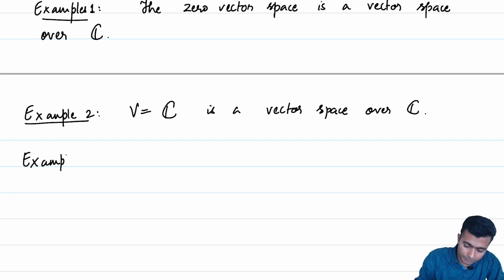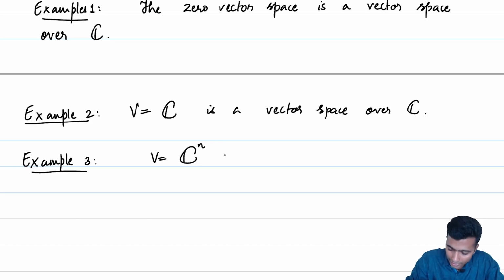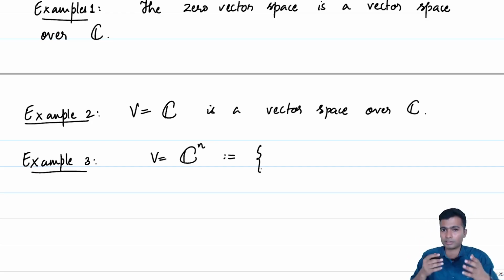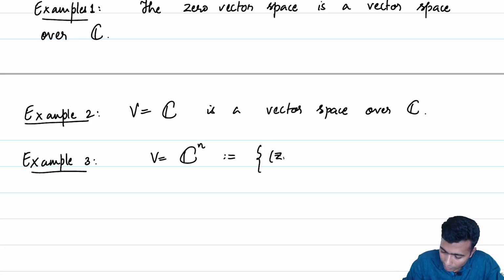Next example will be the Cartesian product of C with itself n times. You see, we are taking analogous examples. Over R, R^n was the example of the linear space. Here over C, we would like to consider C^n, which will be just (z1, ..., zn), where each of these zi's are complex numbers.